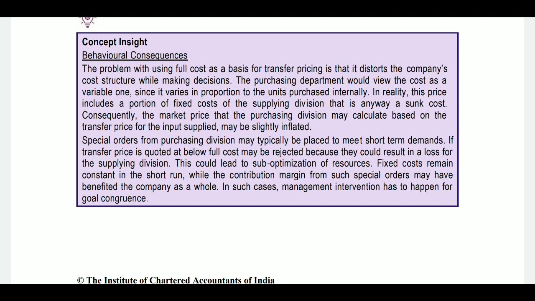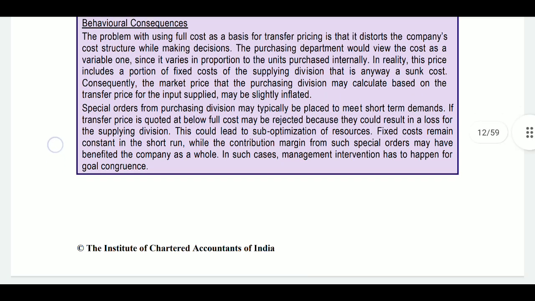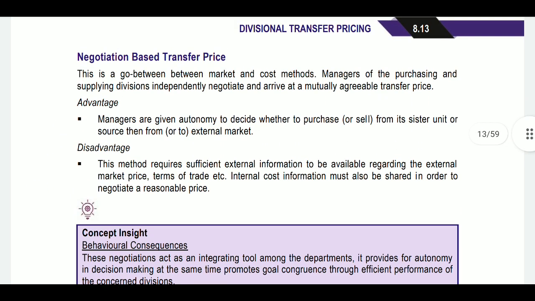In such a case, management intervention is taken for goal congruence. So to reach goal congruence, management will decide. Fixed cost is for both, so A should not add it and B will add it. They will take that type of decision at that point of time.